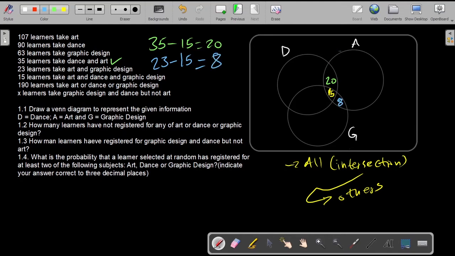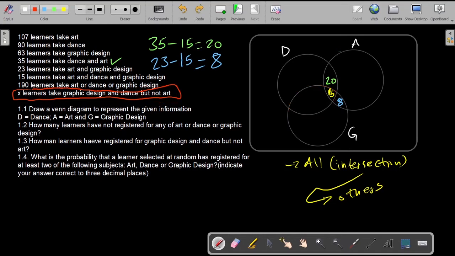So we have 8 over there, and we've now filled most of the intersections. We only have this intersection left over there, and that is covered over here, the last statement. It says X learners take graphic design and dance. So graphic design and dance, which should be this portion over here, but we have to exclude art.